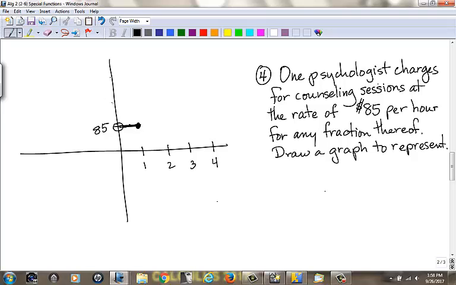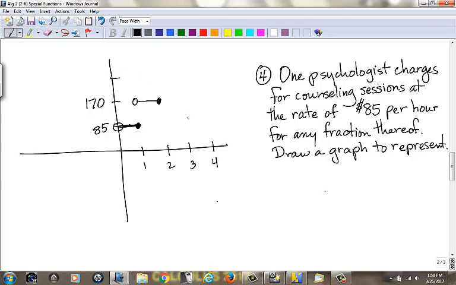As soon as they work 1.1 hours, what's it go up to? 85 times 2? 170. So as soon as they go up, at 1 hour up here, it's an open circle, but as soon as they go over that, it's a solid $170. Okay? At 2 hours, you're paying $170.